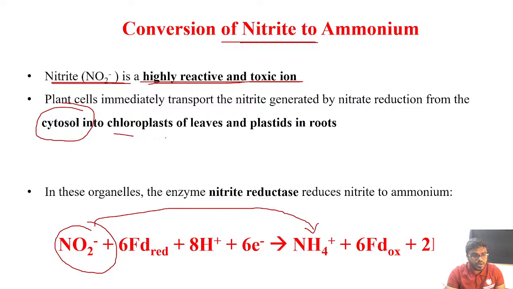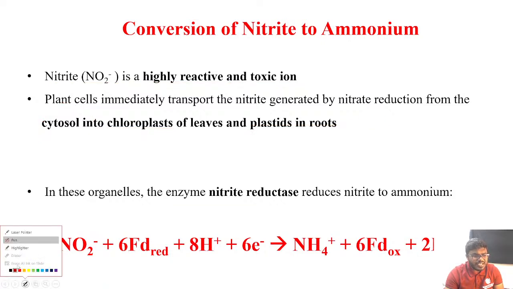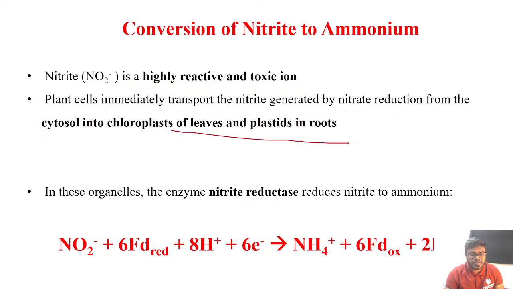From the cytosol, it is going into the chloroplast of leaves and into the plastids in the root. Now you can ask me, why is it going there? The reason is that the nitrite reductase enzyme is present in the chloroplast of the leaf and in the plastids in the root. That's why it has to go there.